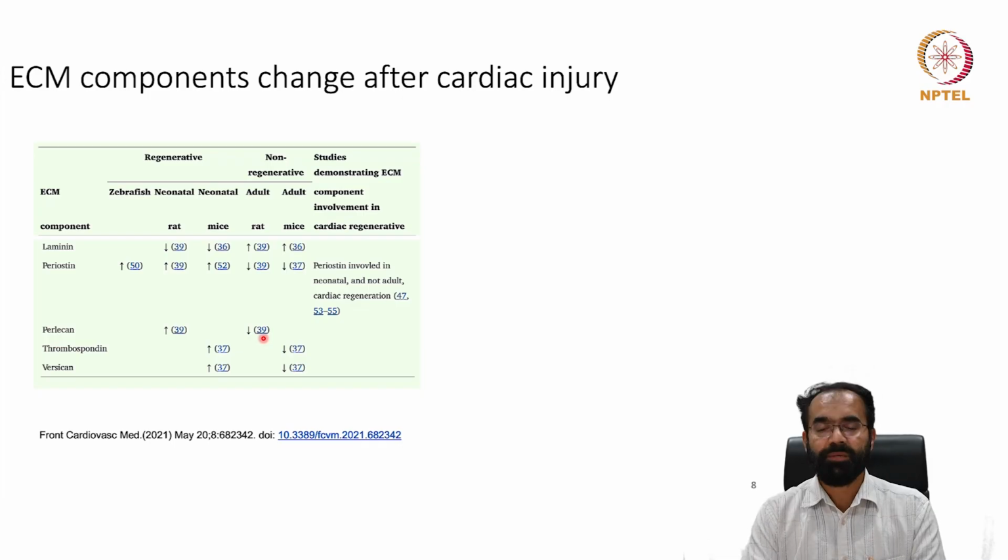So we should keep in mind that the ECM components are indeed regulated soon after injury, and whether they go up or down depends on the nature of the protein and also the nature of the tissue, whether it's adult or neonatal, regenerative or non-regenerative. Accordingly, they have some common way of responding, and these are the ways in which you can strategize.